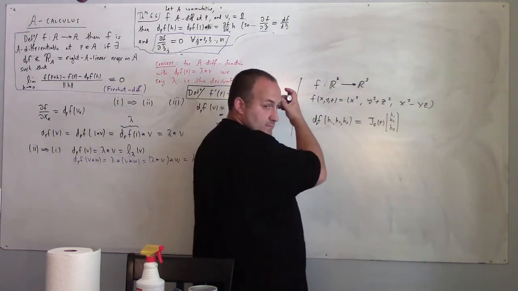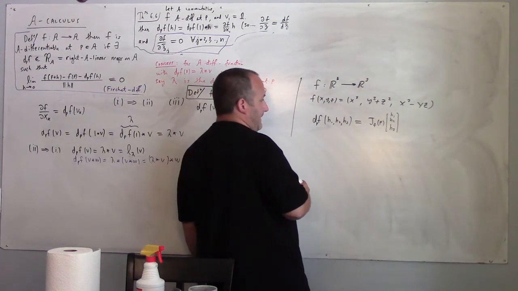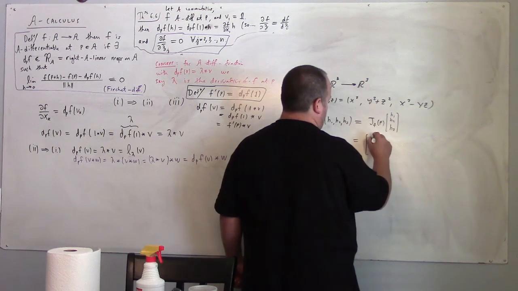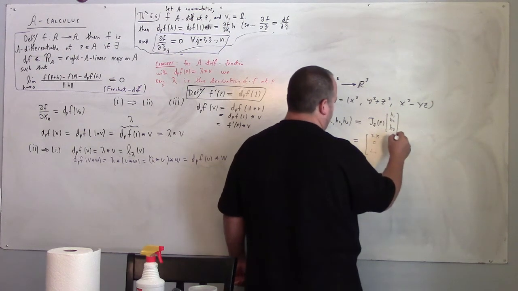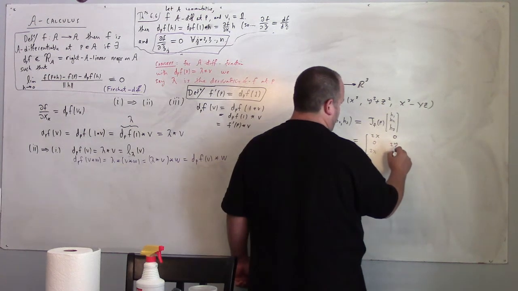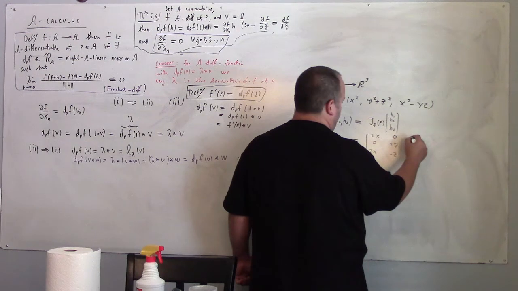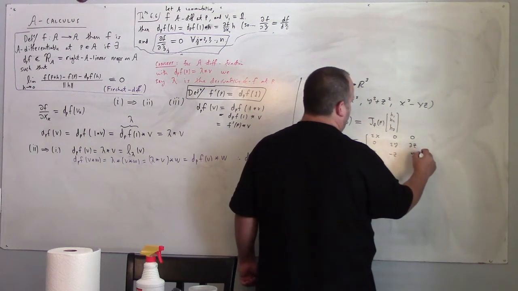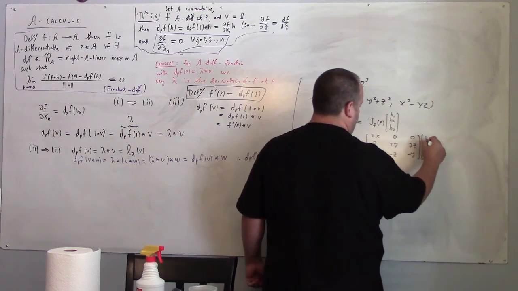The Jacobian is everything hit by partial x, everything hit by partial y, then everything hit by partial z, all split up.